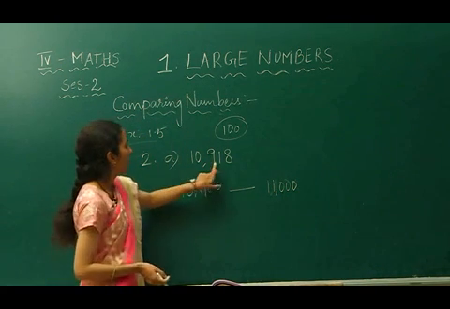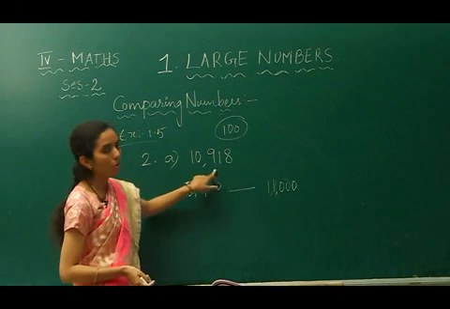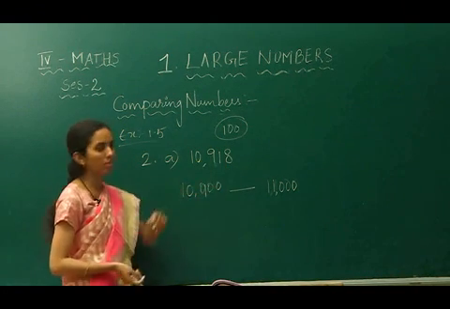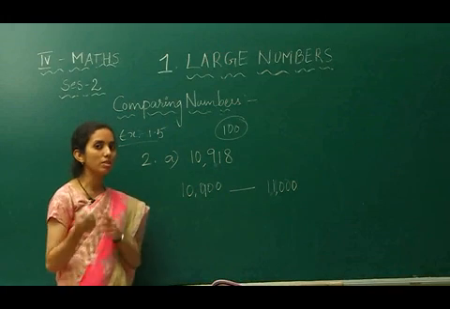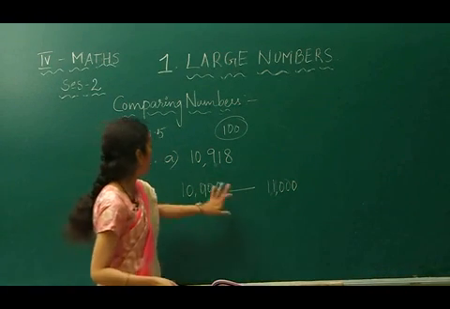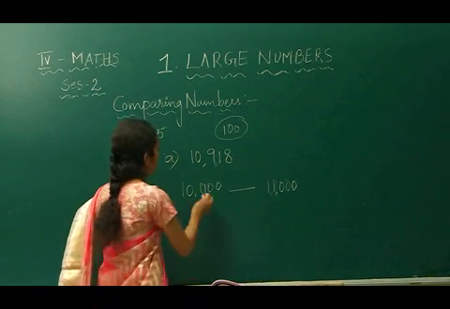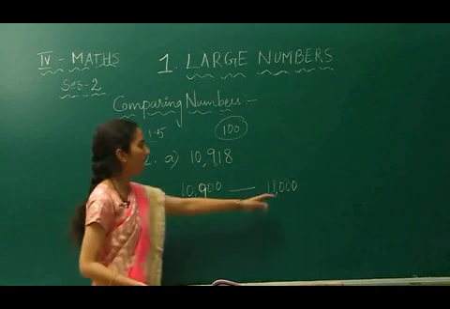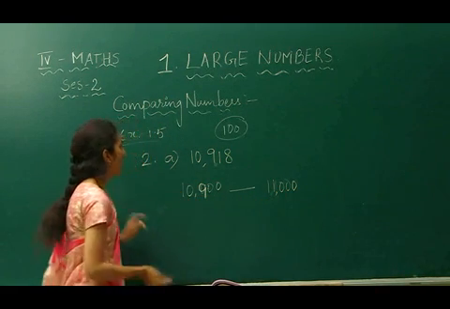Why? If you add one more 100 to 900, it becomes 1,000. So 10,000 plus 1,000 is 11,000. So it is in between 10,900 and 11,000.